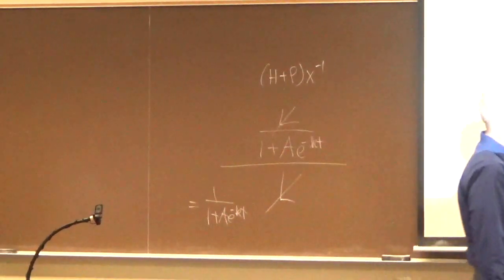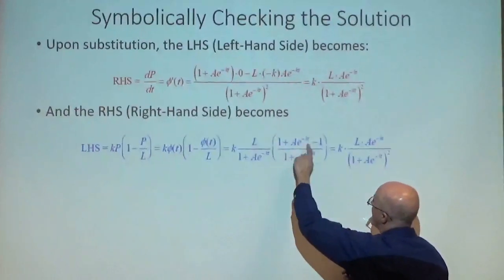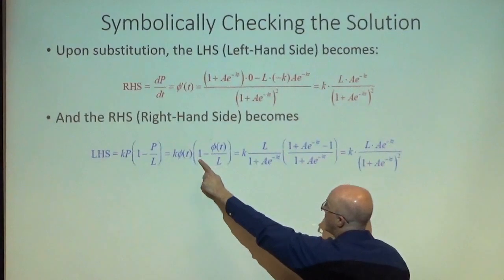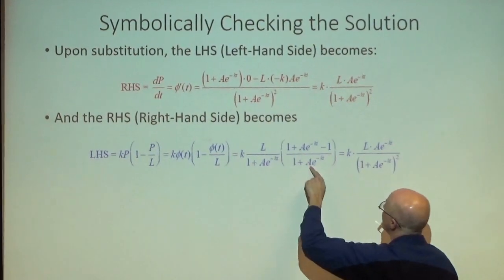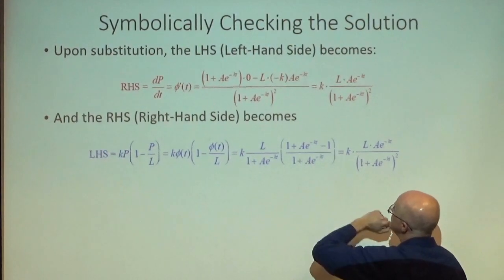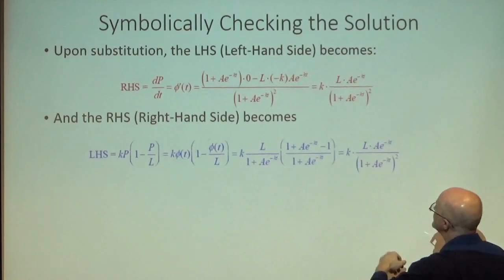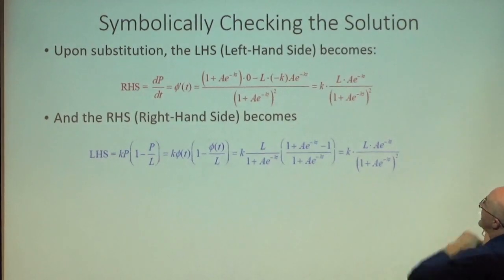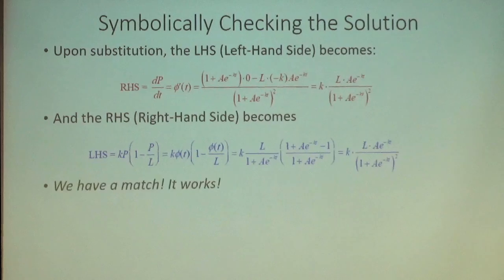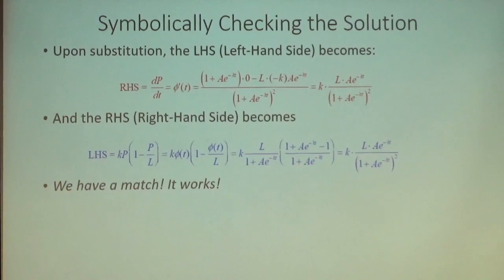That's where this minus 1 comes from, because I'm subtracting it. And this part over this is just the same form of 1. That's the 1 there. Simplify, the 1's cancel. Combine the fractions into 1, and you get a match. It does solve the differential equation. Okay, we have a match, it works. Let's end right there for part A.